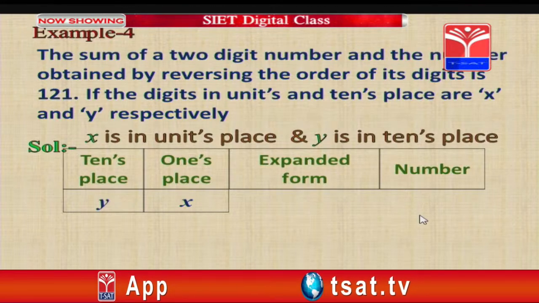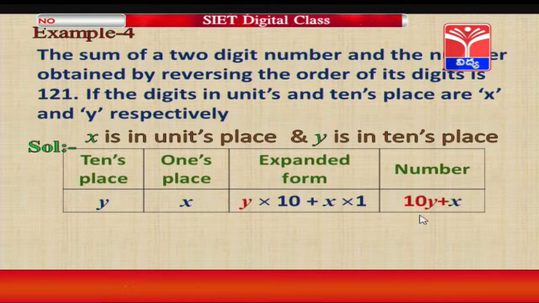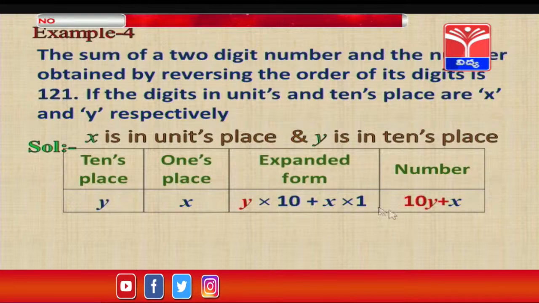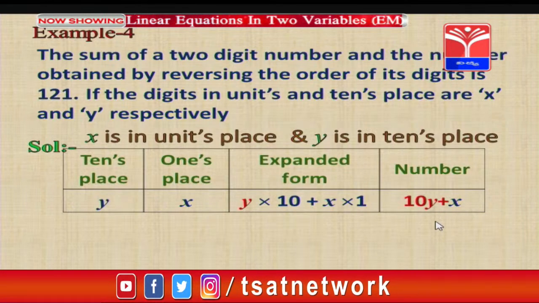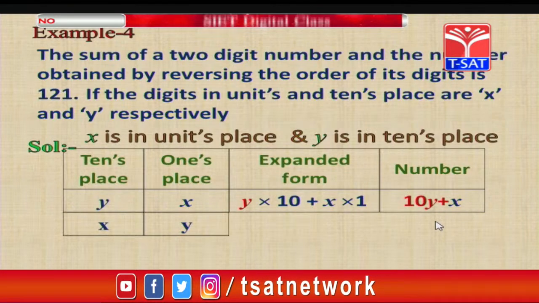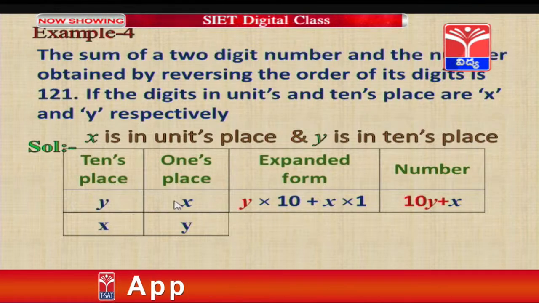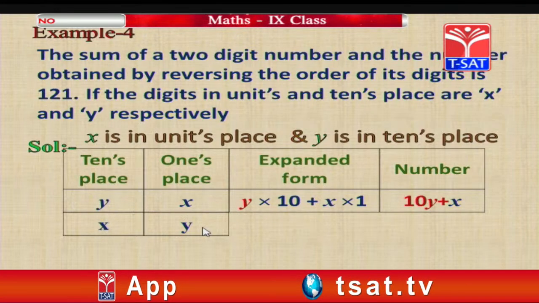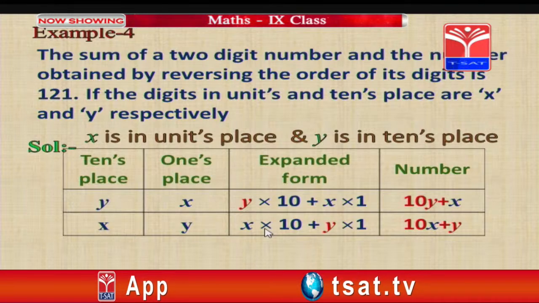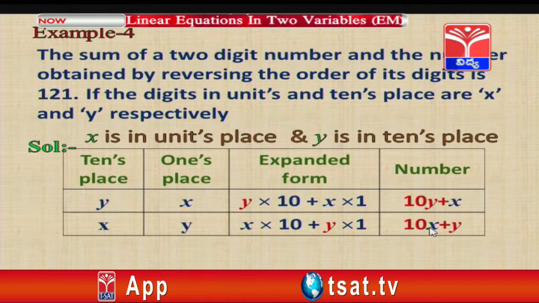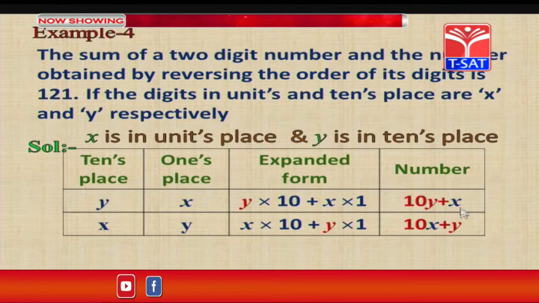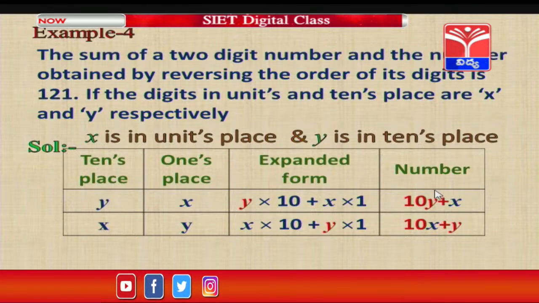X. Now, what you are going to get? Y into 10 plus x into 1, that is how much? 10y plus x. Suppose if I interchange, what happens? Same thing, x became y, y became x, x into 10 plus y into 1, you are going to get here 10x plus y. Now, the sum of these two is going to become how much?